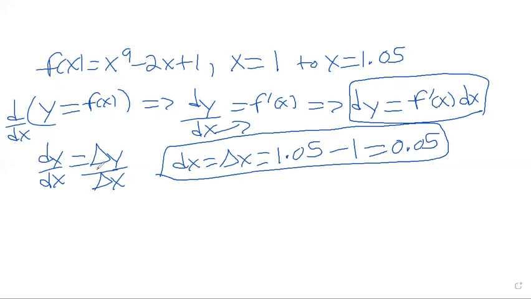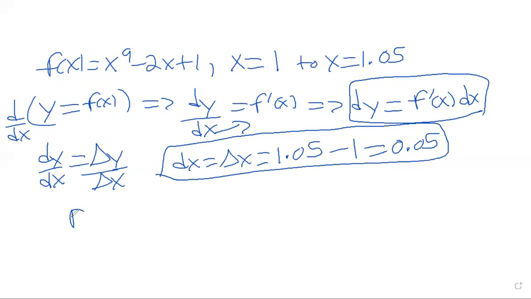Now f prime of x. We're trying to find the change in the function from when x equals 1 to x equals 1.05, and we already know the change in x is 0.05. Since it's changing from 1 to 1.05, we want to plug 1 into our derivative.